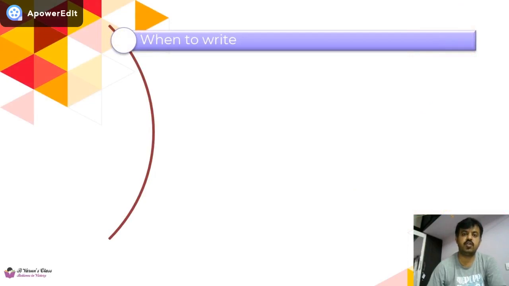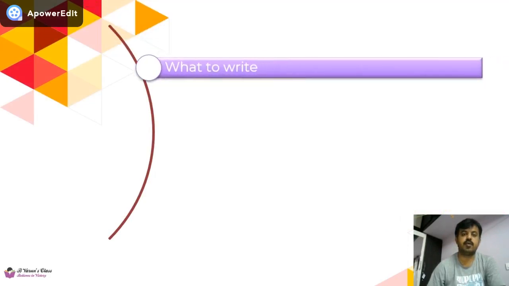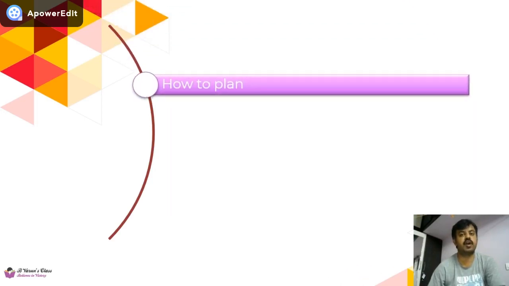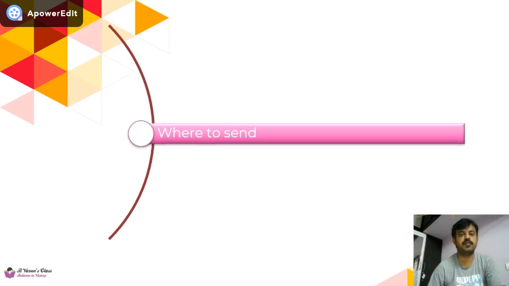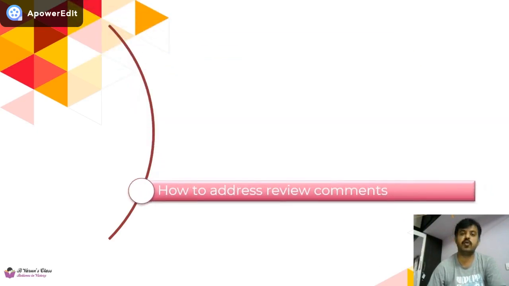In today's module we are going to cover when to write an academic writing, what to write in academic writing, how to plan for academic writing, how to write an academic writing, where to send our reports, how to address the review comments given by the reviewers.